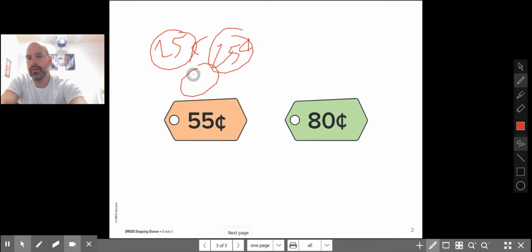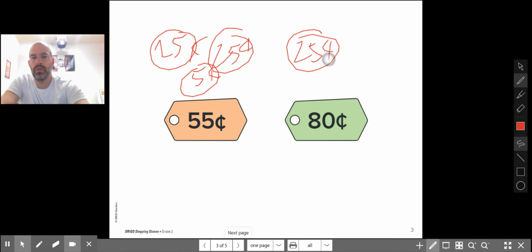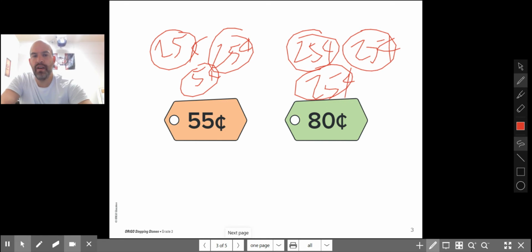And then a nickel, which is 5 cents, would make that 25 plus 25 is 50, plus a nickel, which is 5, equals 55. If we look at this price tag again, can we do 2 quarters, which is 50, another quarter, which would be 75, and then 5 cents, a nickel, which would be 80.